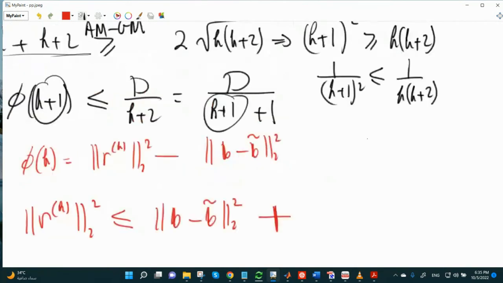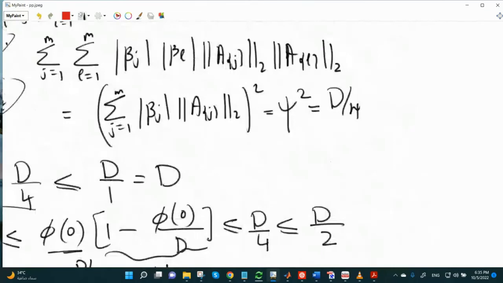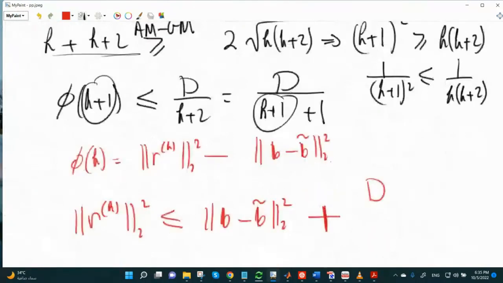We have here this d. Don't forget the d, I think it was like 4 psi squared or something like this. This d is like 4 psi squared. And what is psi?